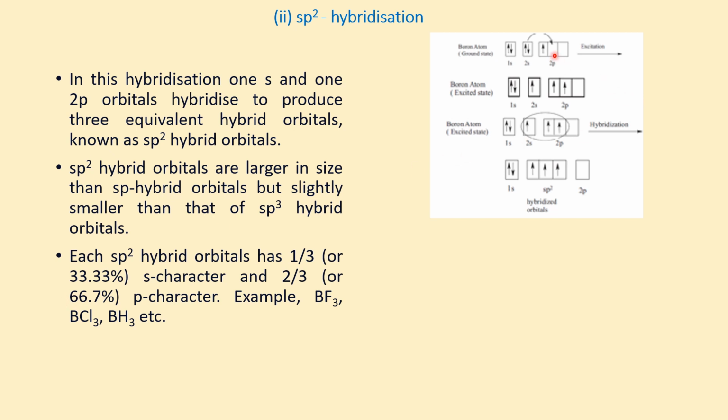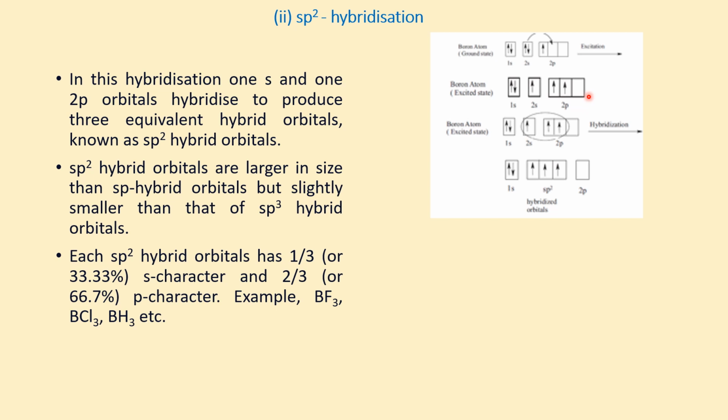So this is the ground state, and this gets excited, and one of the 2s electrons is promoted to the vacant 2p orbital, shown here in the excited state.